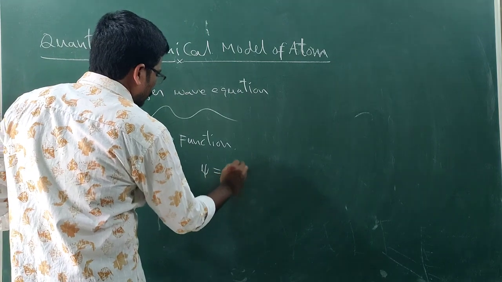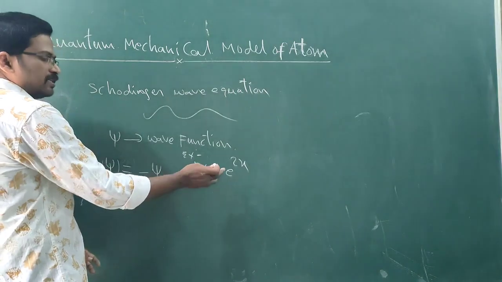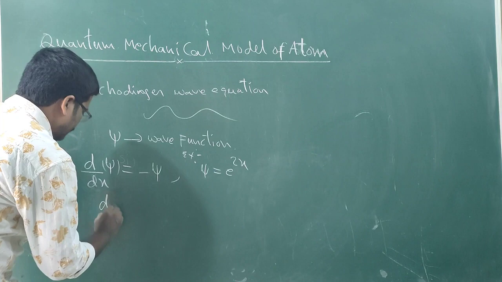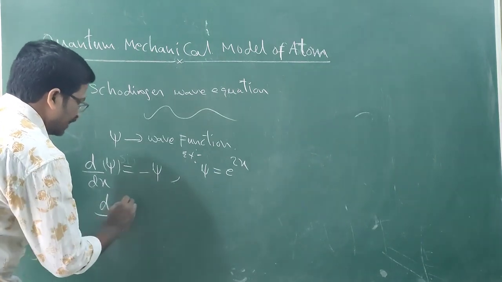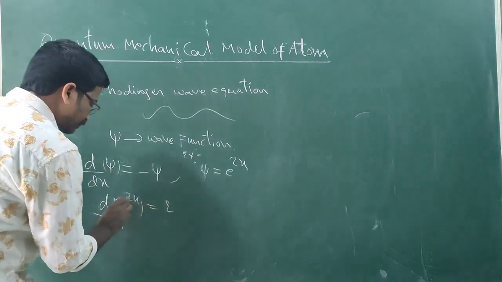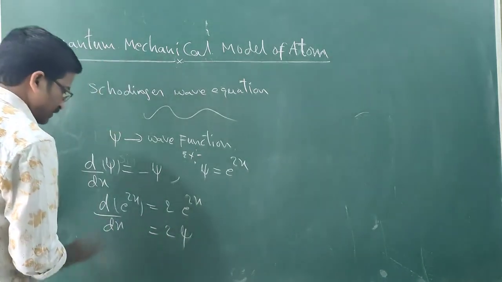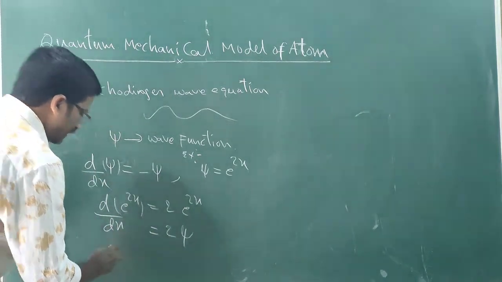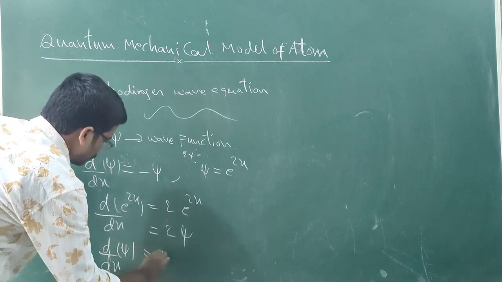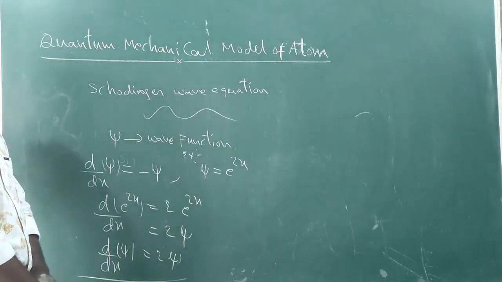Let psi be equal to e to the power of 2x. If we perform the operation d by dx on e to the power of 2x, we get 2 times e to the power of 2x, which means 2 times psi. Finally, you may write: d by dx psi is equal to 2 psi.